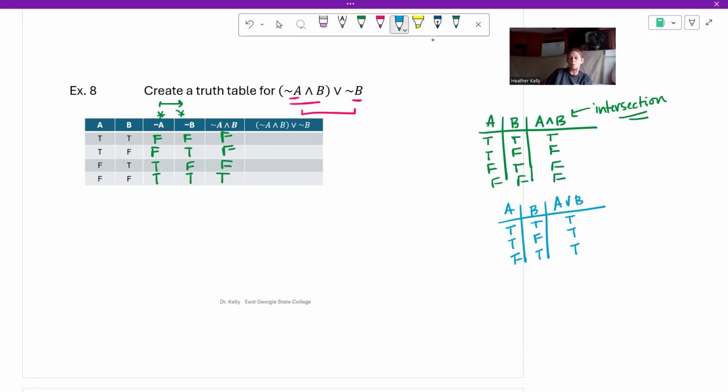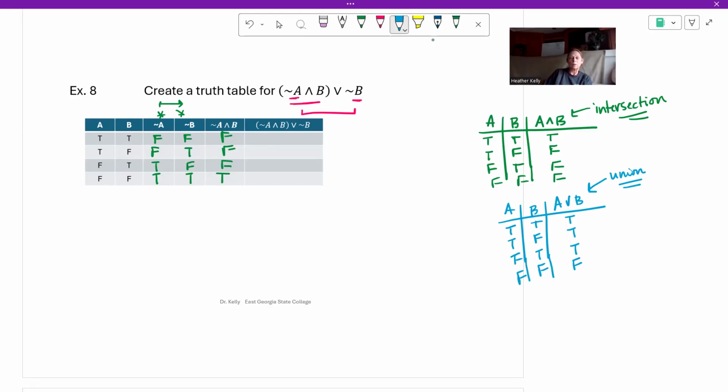But if it is false in A and false in B, it is false that it is in A or B. Got to keep those guys straight.